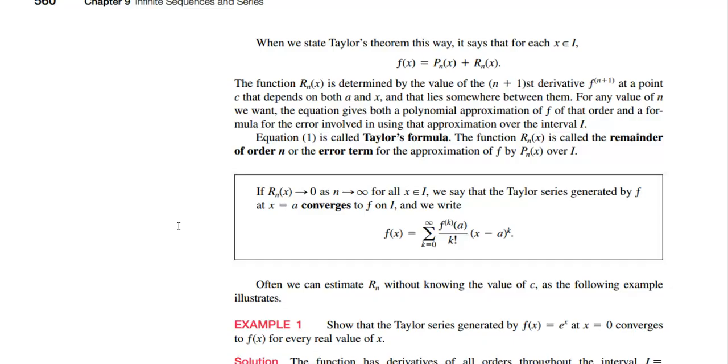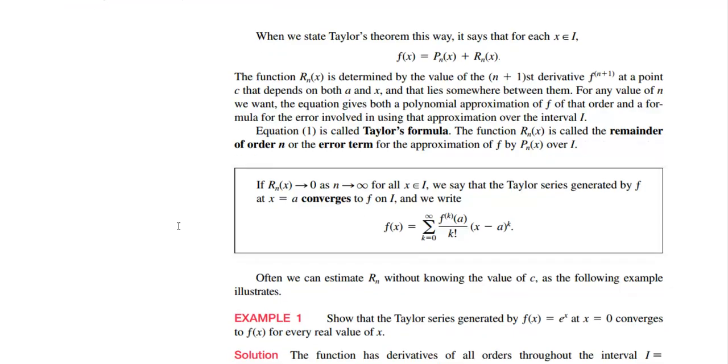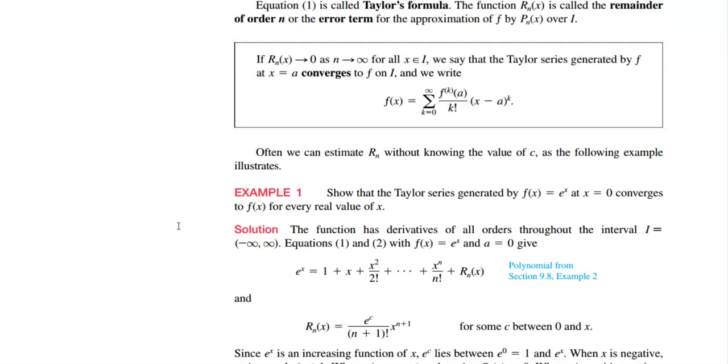Equation 1 above was called Taylor's formula. The function r sub n of x is called the remainder of order n, or the error term for the approximation of f by p sub n of x over the interval I. So here's another important fact we're going to use.